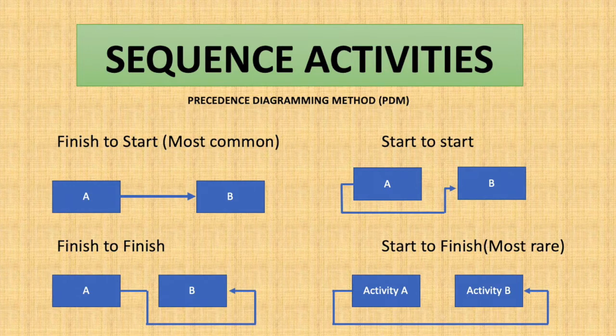The next one is start to start. Typically this type of relationship is used with a lag time. For example, we start activity A, then after some time, like after a day, 1, 2, 3, we start activity B. As an example, say you have 100 pipes you need to paint. You need to do a double coat, first a primer coat and then a top coat.